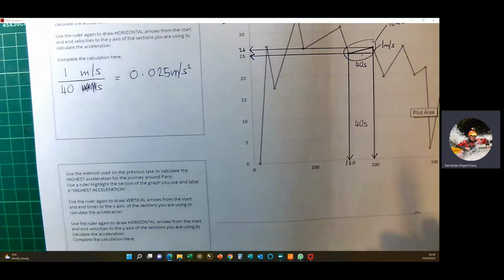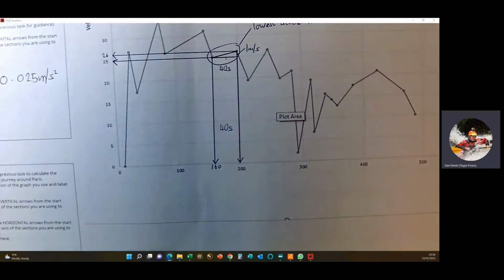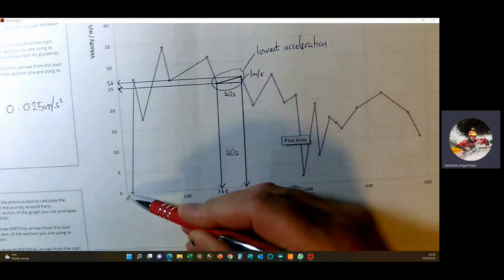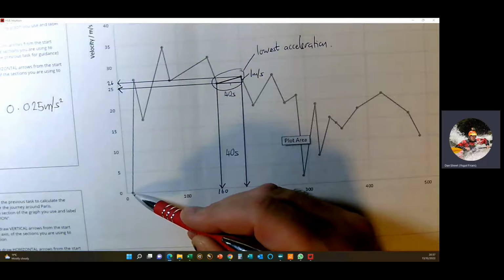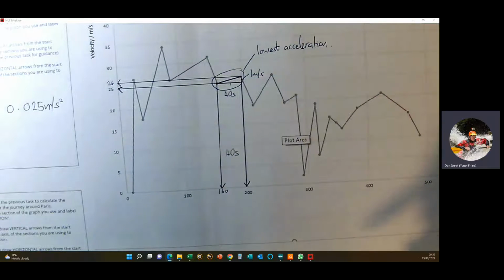And then the second part of this task, it says use the method on the previous task to calculate the highest acceleration on the journey around Paris. So previously we were looking for the least steep line on the graph. This time we're going to be looking for the steepest line on the graph. And perhaps not surprisingly, I believe that could be this part of the graph here, because this is where he accelerates down a very straight road for a long time until he hits around about the Arc de Triomphe.